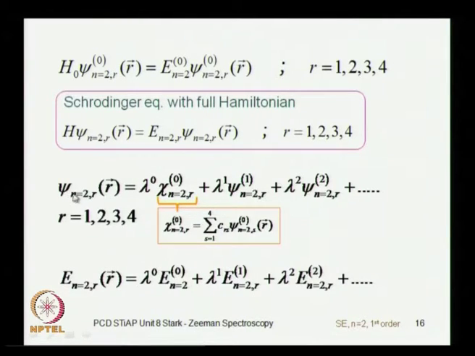This is the expansion for the wave function, and you have got a corresponding expansion also for the energy, the energy including the perturbation. So it will be the unperturbed energy plus the correction in the first order, the correction in the second order, and so on. This is the perturbation order expansion, and you have got similar relations for each value of r going from 1 through 4.